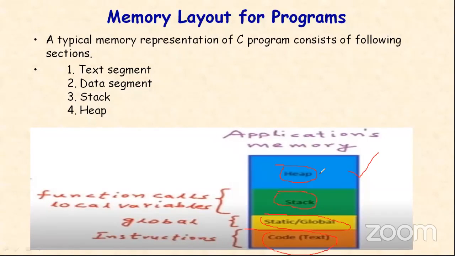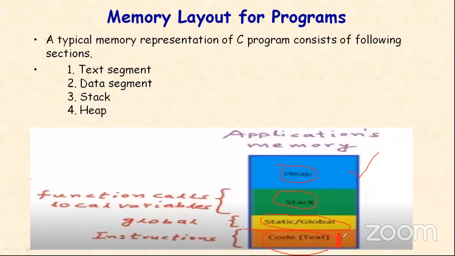All the instructions in your program are stored in the code segment of your computer's memory. So your computer allocates the memory layout in this manner: heap memory, stack memory, static or global segment, and the code segment or text segment.